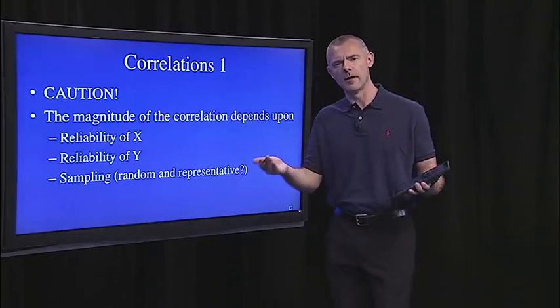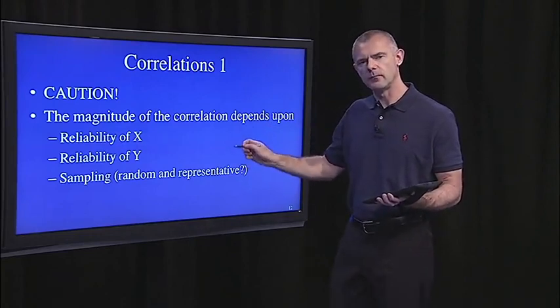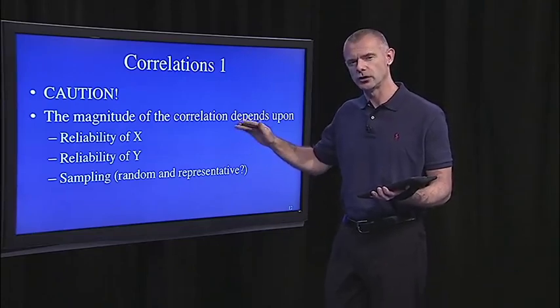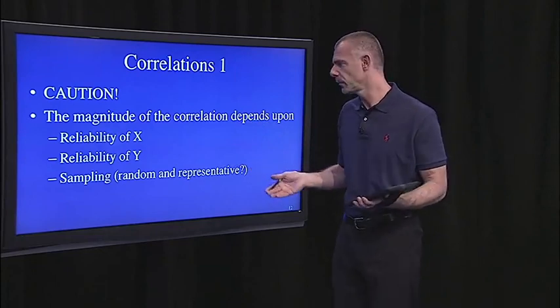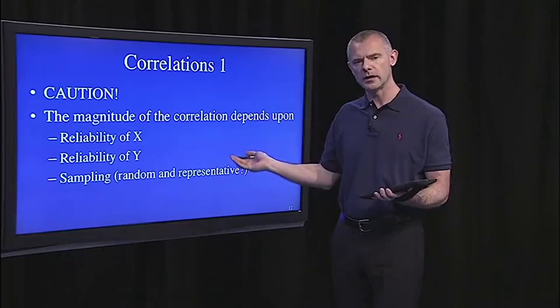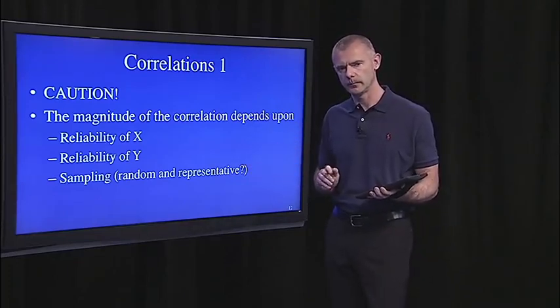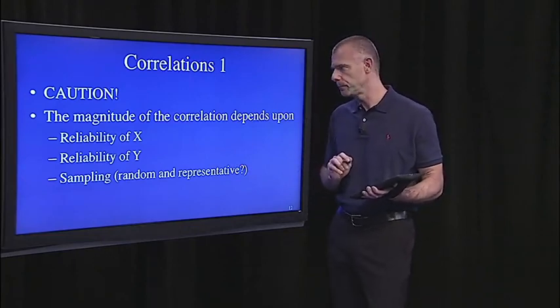Yes, it's a reliable measure. If a measure X doesn't correlate with itself, meaning shows low reliability, how can it possibly correlate with anything else? So the magnitude of correlations critically depends on the reliability of our measures. And in lecture 5, we'll talk a lot about assessment of reliability.